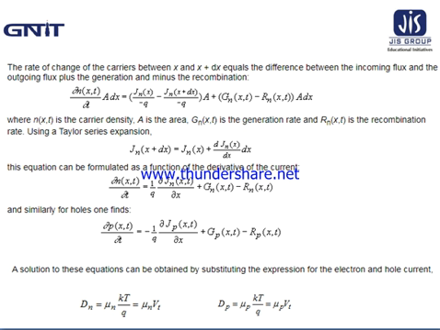Next, Dn is equal to mu n kT by q, and Dp is equal to mu p kT by q.